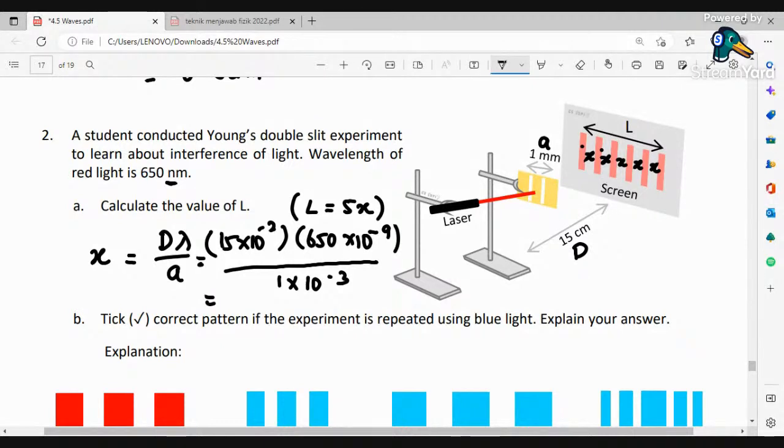Okay, so we get the answer 9.75 power negative 5 meter. Okay, so you can check.